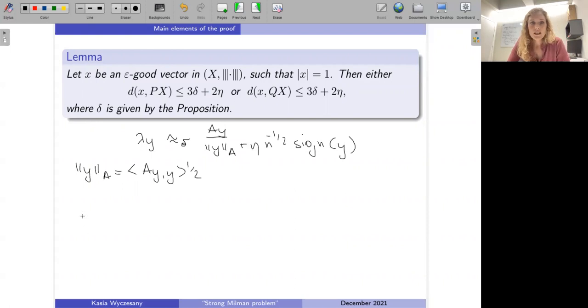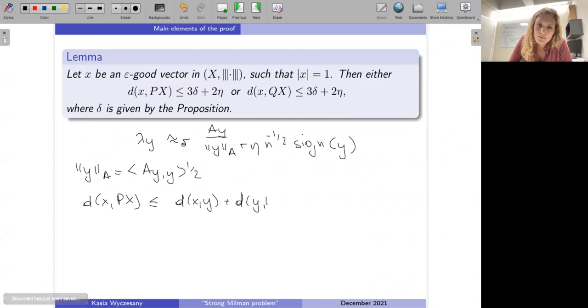Okay. So then if we want to look at the distance of x and Px, then this is at most, using the triangle inequality, we can use our way about which we know a lot.